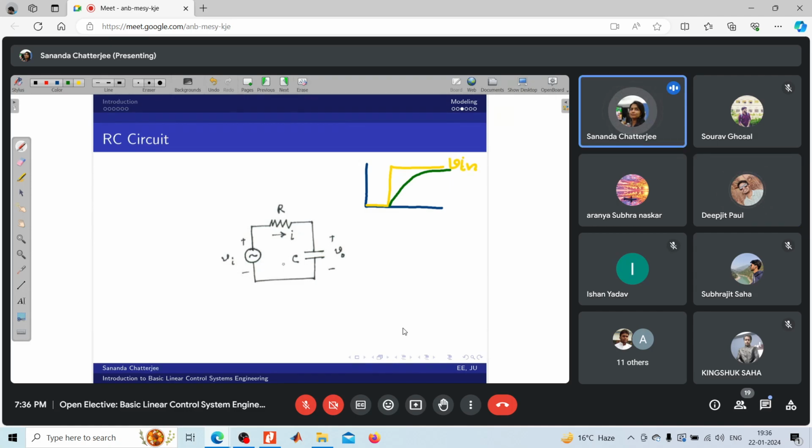So that means it will start from somewhere and it will end somewhere. If you don't know what state it is in right now, how much energy is stored in the element, you cannot predict how it will react with the input. So here comes the twist: in this type of circuit, where there is an energy storing element involved, the output is not only dependent on the input, it also depends on the present condition of the energy storing element.